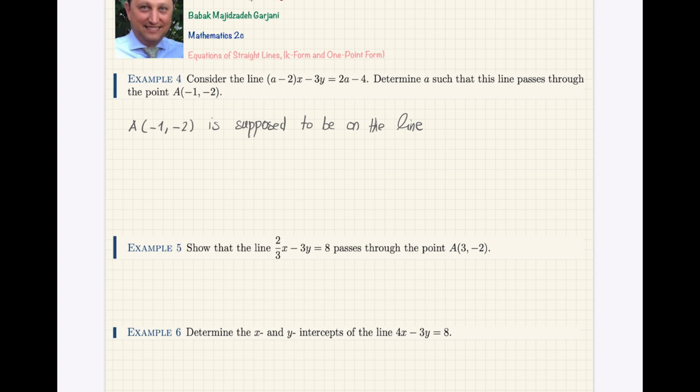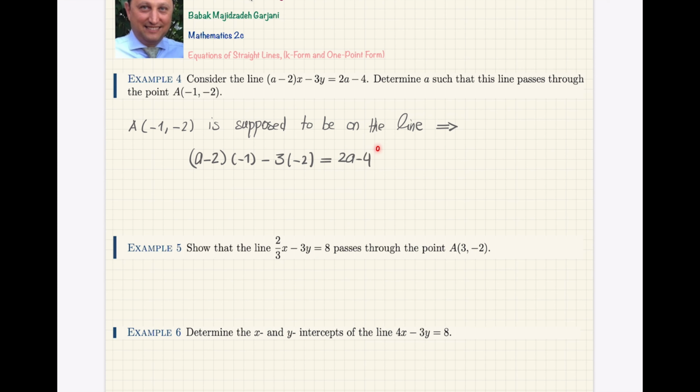I hope that you understand these are equivalent. Then if I replace x with the x value and replace y with the y value, I am not allowed to touch a, and this becomes equal to 2a minus 4.